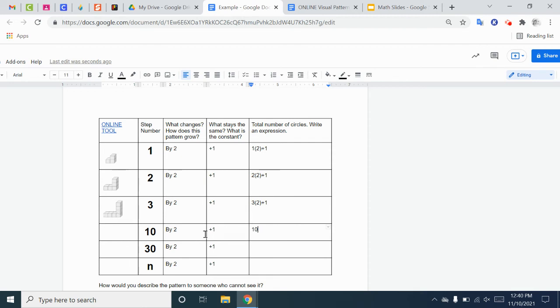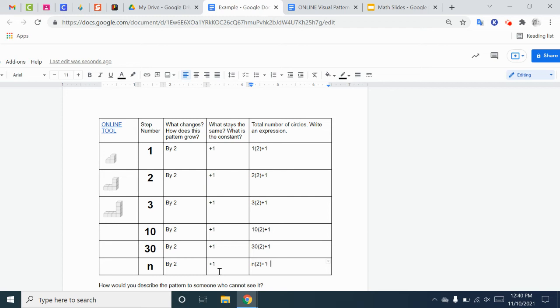So I'm still going to have 10 in 2 different spots, the top and the left. So 10 times 2, and I'm still going to have that 1 in the corner. So plus 1. 30 is going to be, whoops, not 20, 30 times 2 plus 1. And then n is going to be n times 2 plus 1.